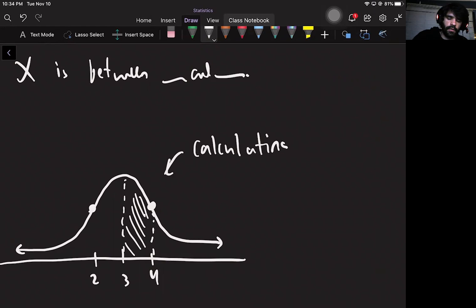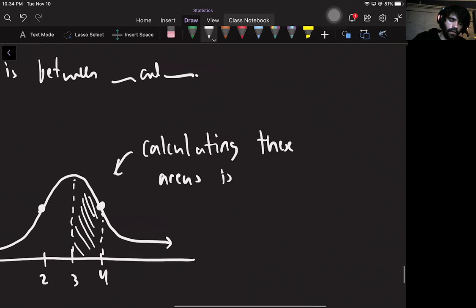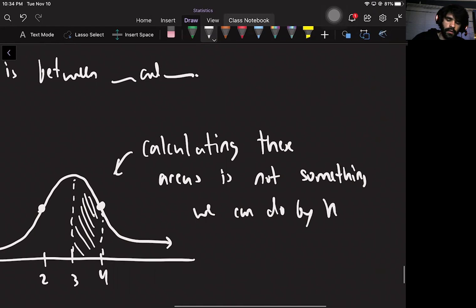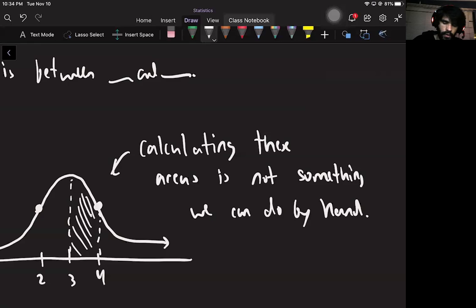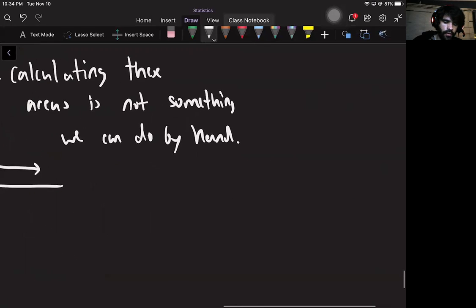To actually do this, you would have to use calculus. But calculating these areas without calculus is impossible, so it's not something we can do here by hand. But luckily, we can just offload the work to someone else.